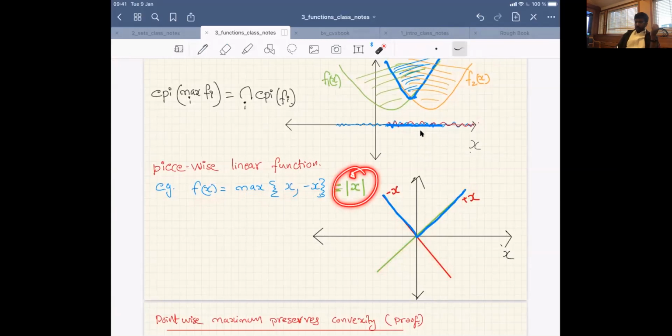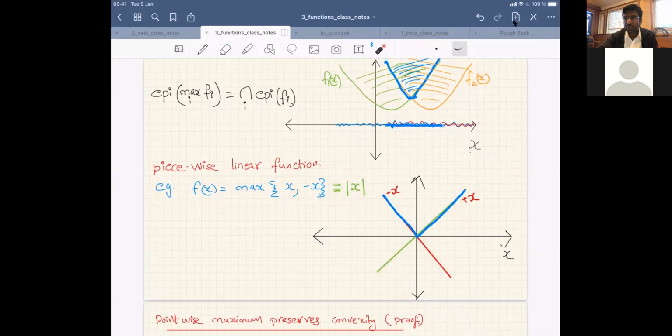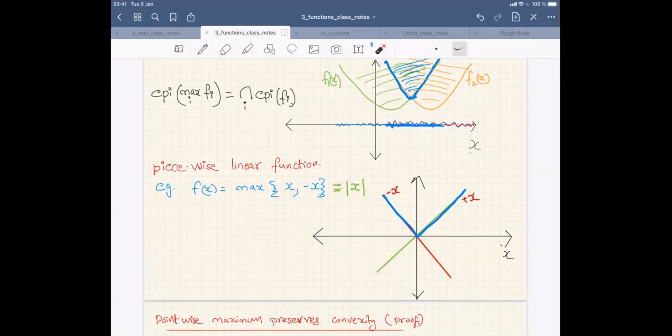So that is convex. If someone asks you why the absolute value function is convex, you can answer in this way: it is the maximum of x and minus x, and pointwise maximum preserves convexity.